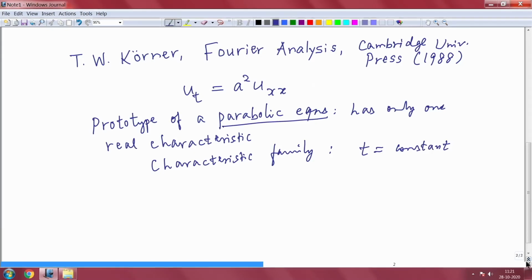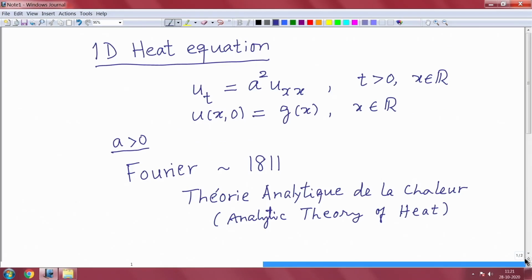And remember, we are prescribing the initial condition at t equal to 0. Physically meaningful, at some initial time t equal to 0 you prescribe the temperature in a rod and then you see how it evolves.